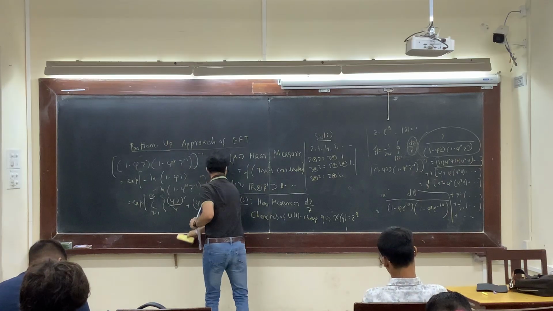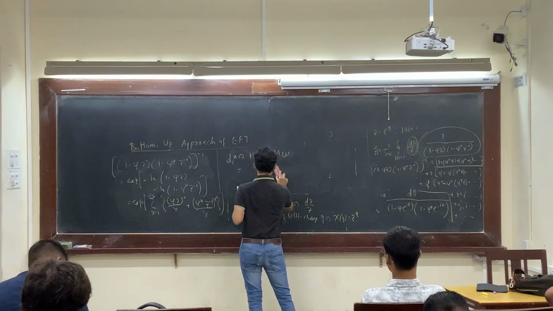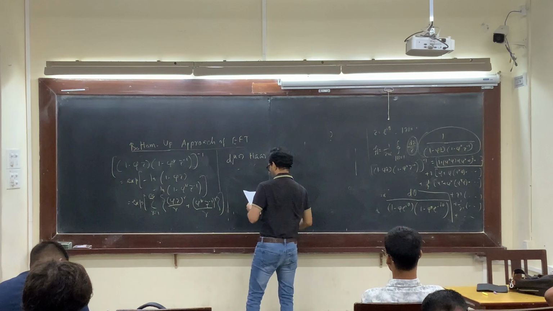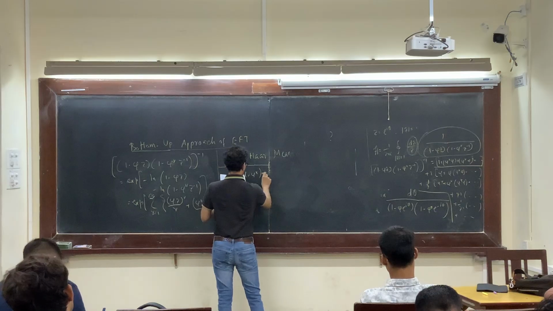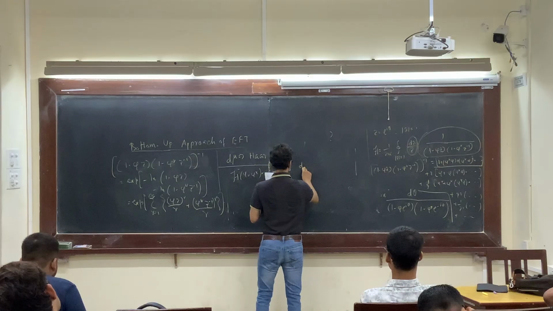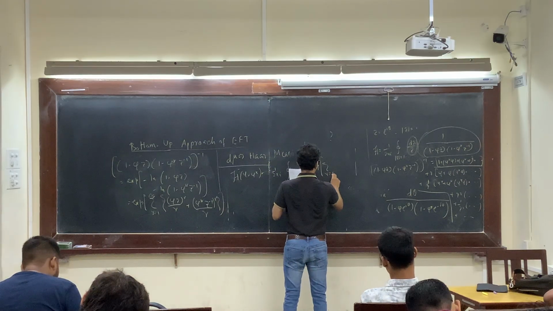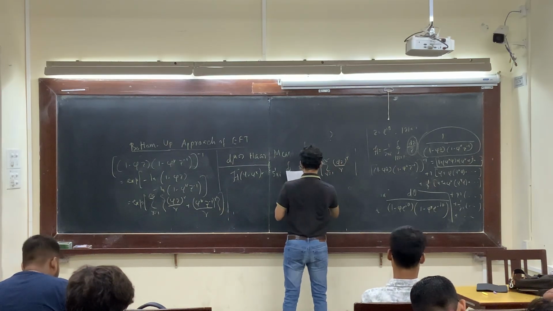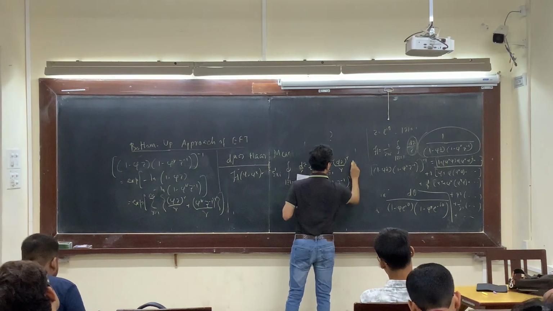So in other words, what I can do now is rewrite my H phi star as 1 by 2 pi i, the integral over mod z equal to 1 of dz by z, times the exponential of the sum over r equal to 1 to infinity of phi z to the power r by r plus phi star z inverse to the power r by r.